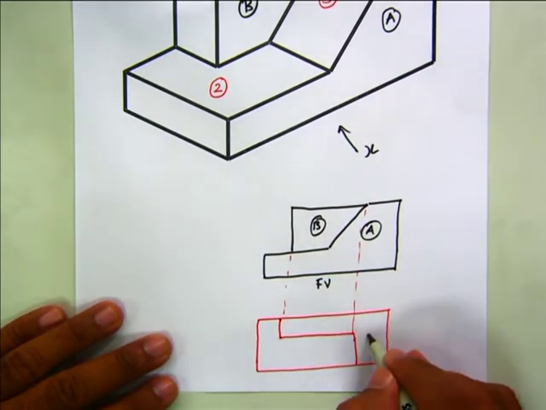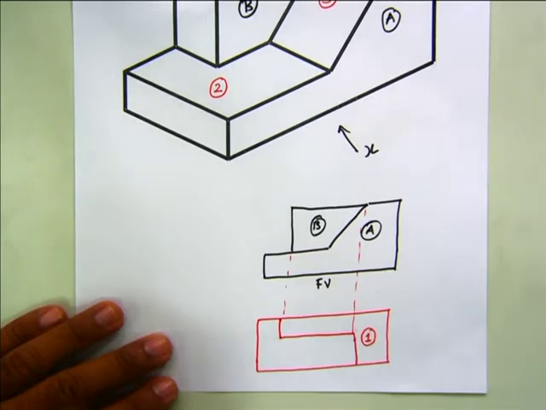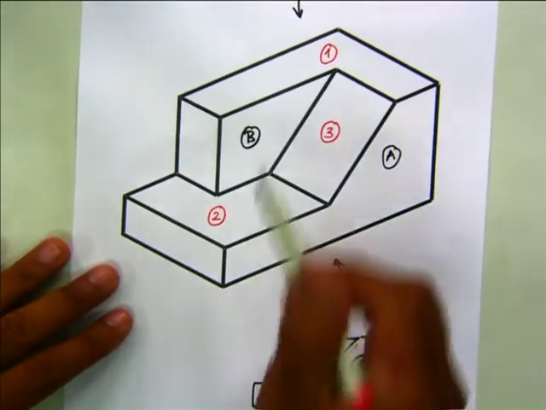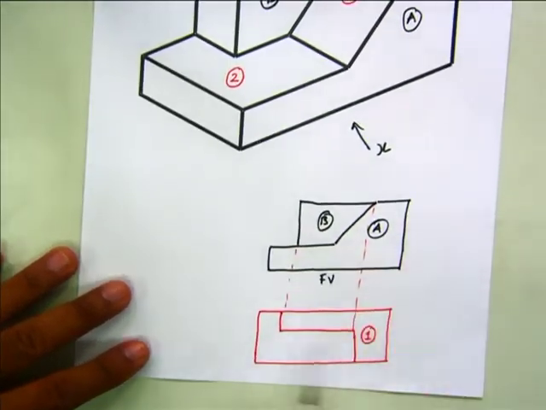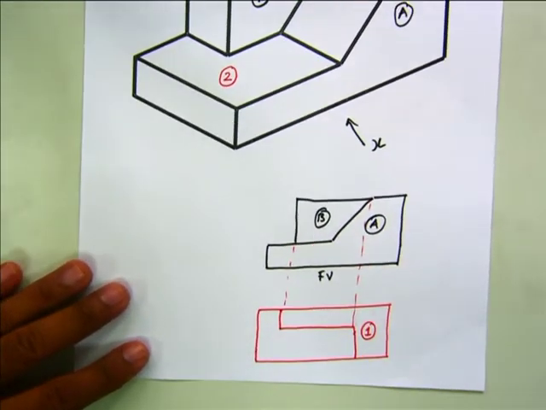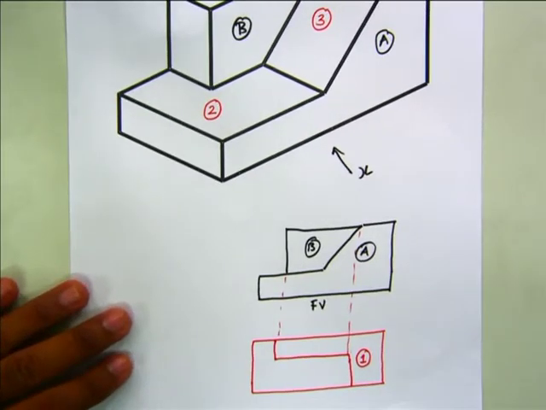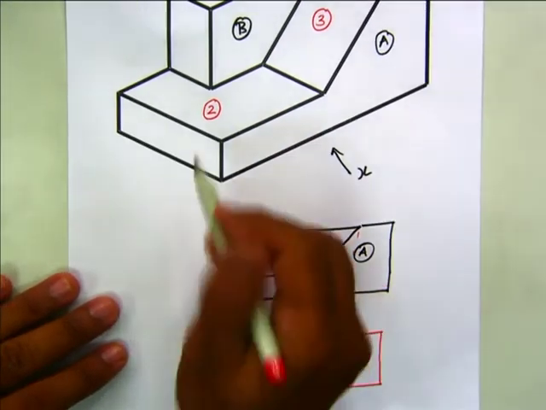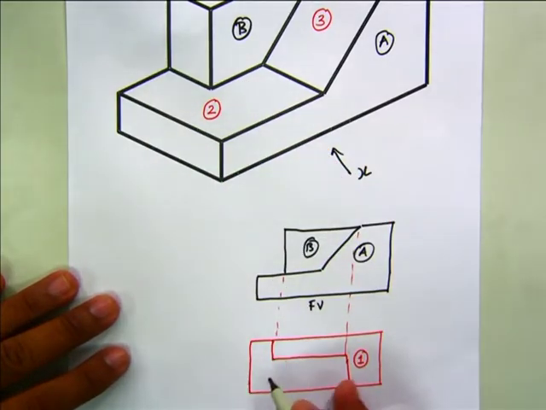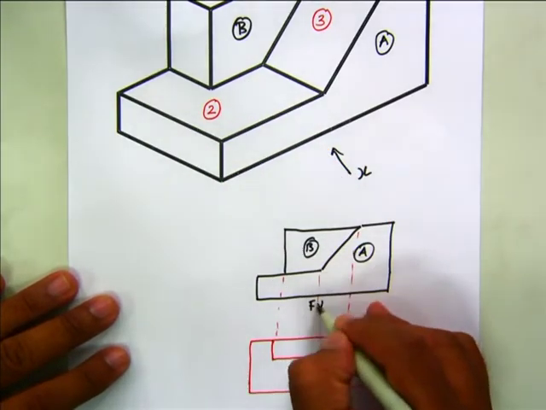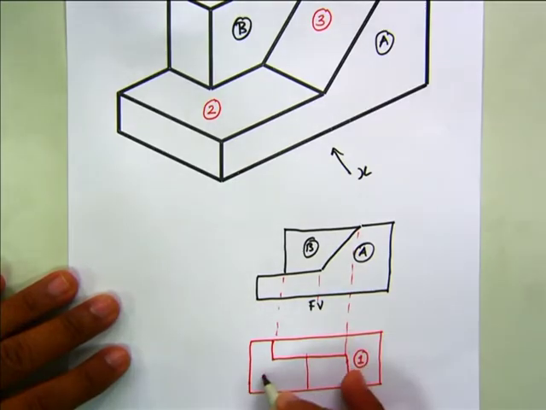So this becomes 1, the one which I have drawn over this. 2, this portion, is this 2.